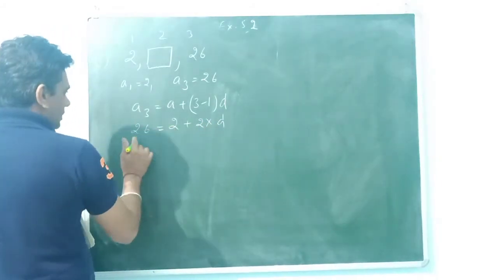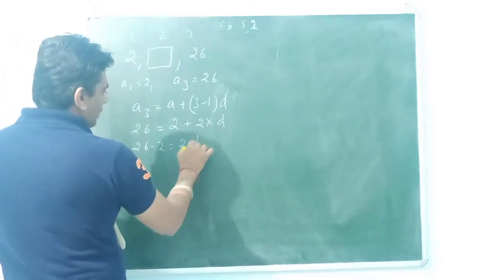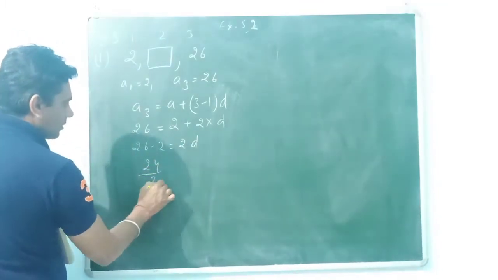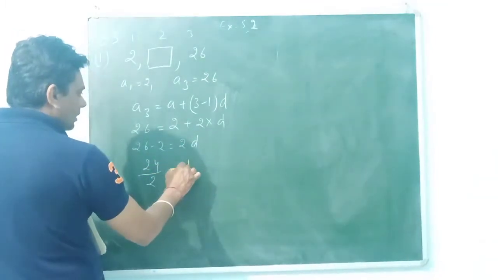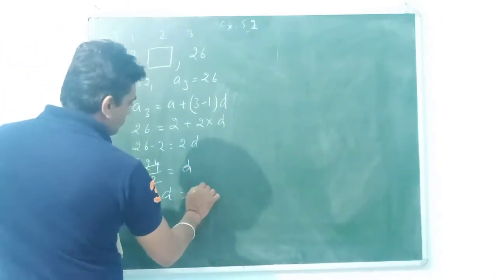Taking this to this side, 26 minus 2 equal to 2d. 24, taking this 2 to here, 12 equal to d, so d equal to 12.